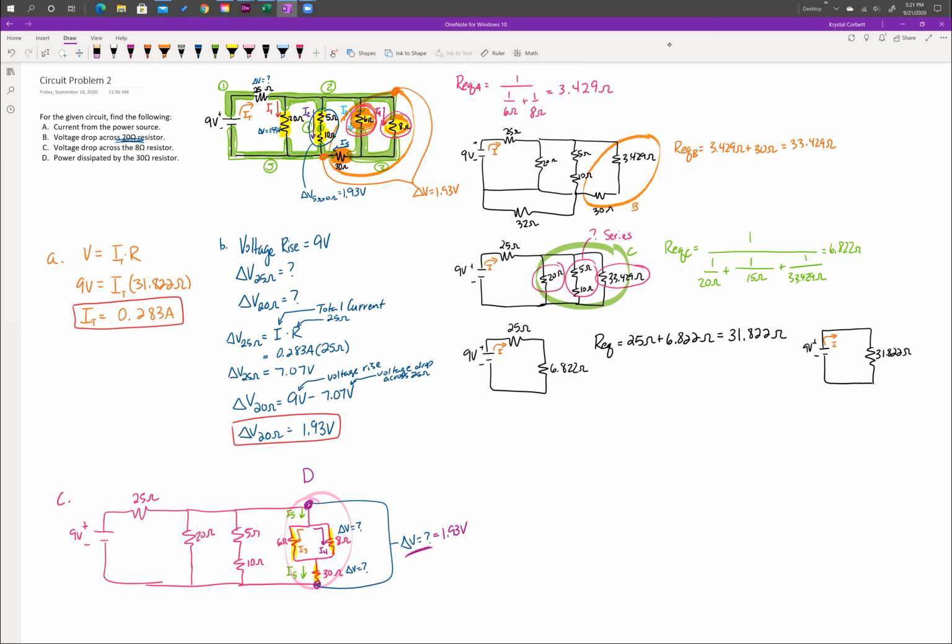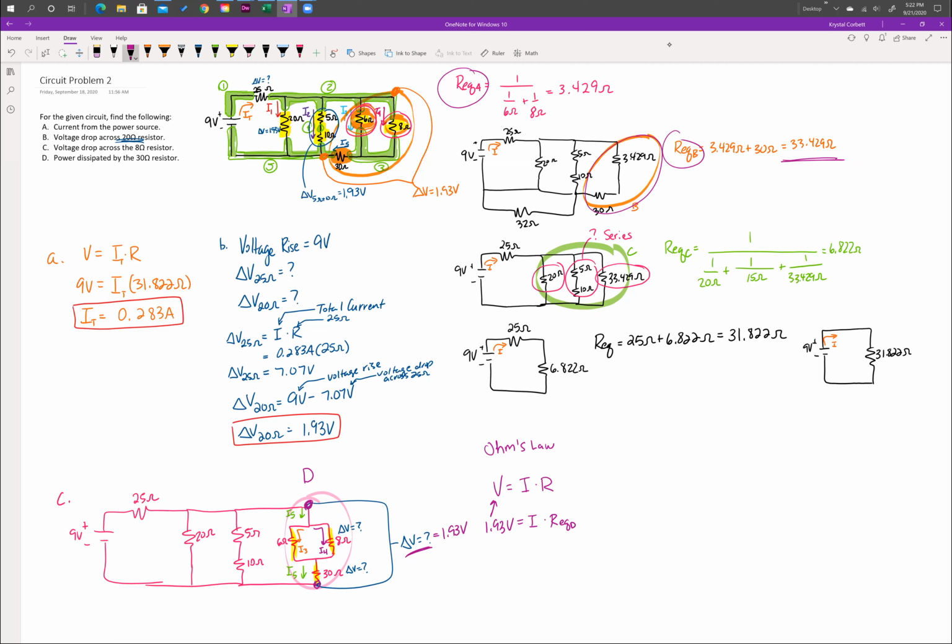We can say voltage is equal to current times resistance using Ohm's law. We know that the voltage is 1.93 volts. We're trying to find the current, and now we need to find the equivalent resistance for segment D. If I look at what I did earlier, I can see segment D is the same as the segment up here that I identified as segments A and B. When I added these two up, I got an equivalent resistance of 33.429 ohms.